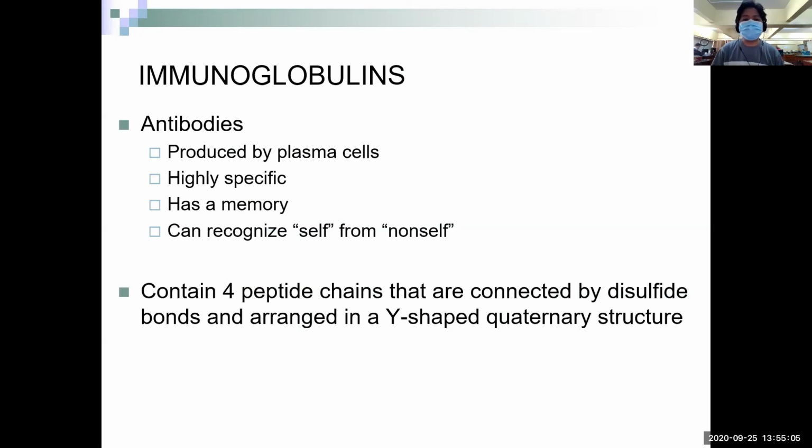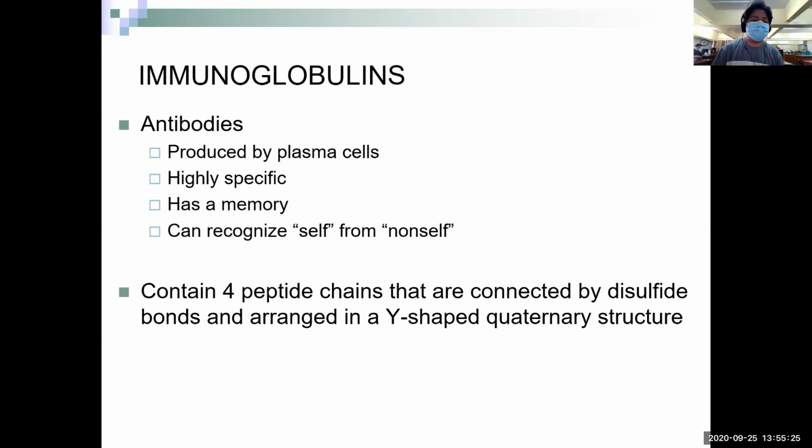Also, the antibodies can recognize self from non-self, meaning they can recognize which cells are normal in the body and which are foreign cells. So those are the characteristics of immunoglobulins.